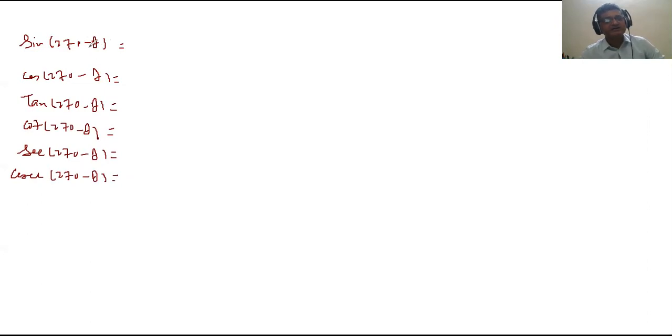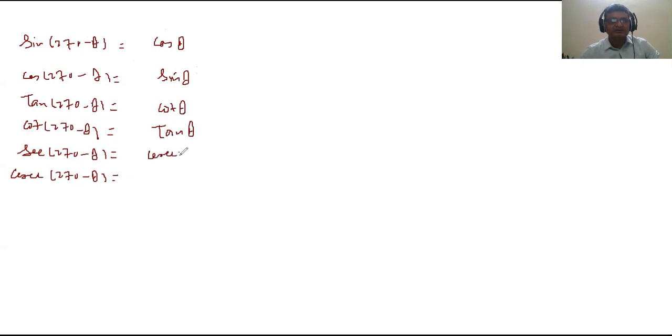270 minus theta is again in the third quadrant. In the third quadrant, we know that only tan and cot are positive. But here it is an odd multiple of 90 degrees, so sine will become cos. So first you write cos theta. This is sine theta. This is cot theta. This is tan theta because these will interchange.